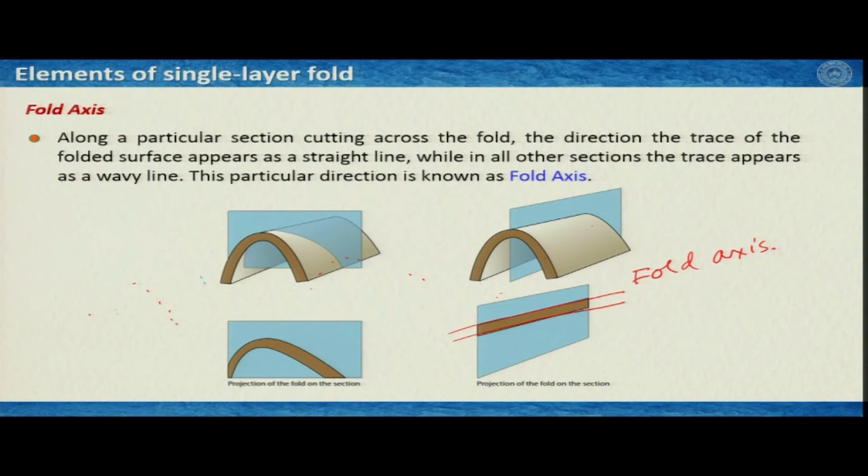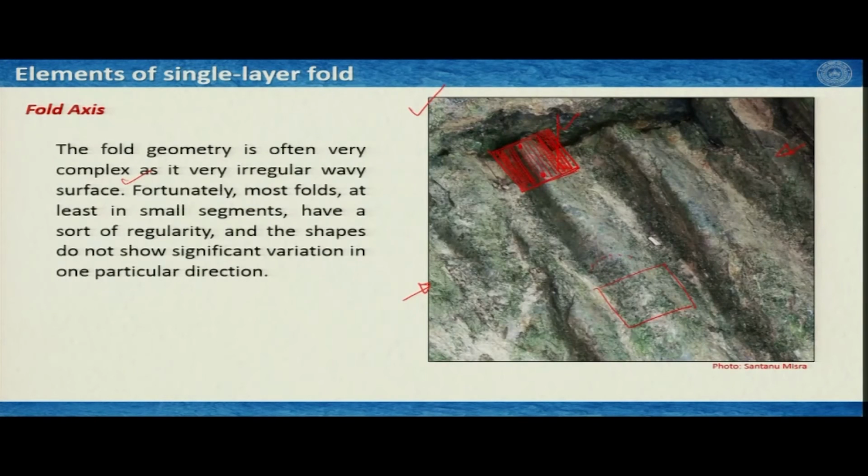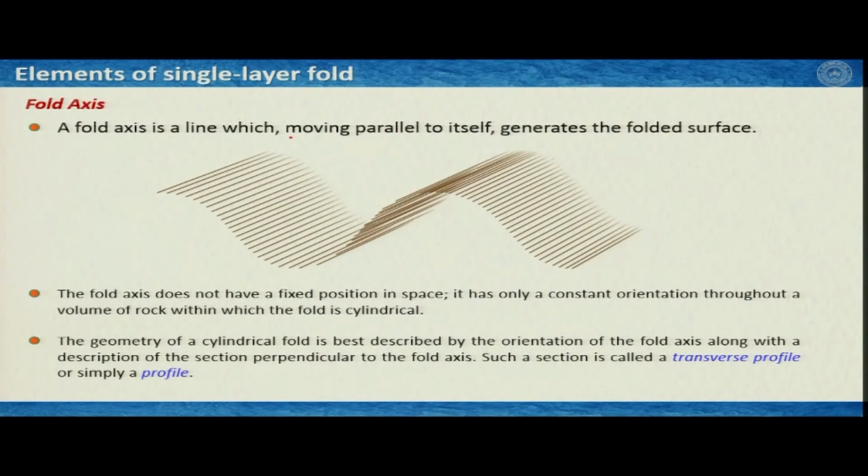Now, if we go back to the photograph that we have seen, you see that these are straight lines, right. These straight lines can move parallel to themselves and can form the fold surface. How does it work? The illustration is here.